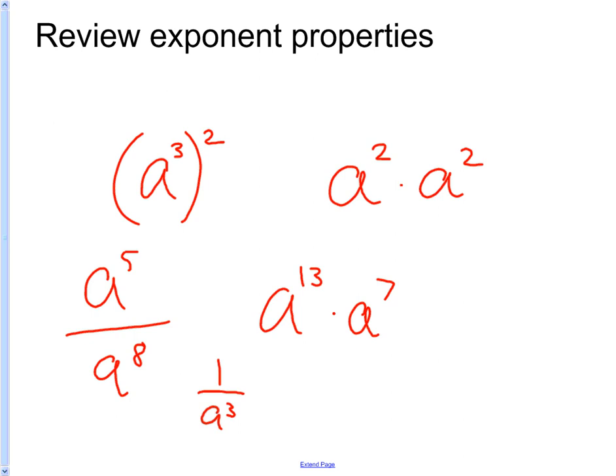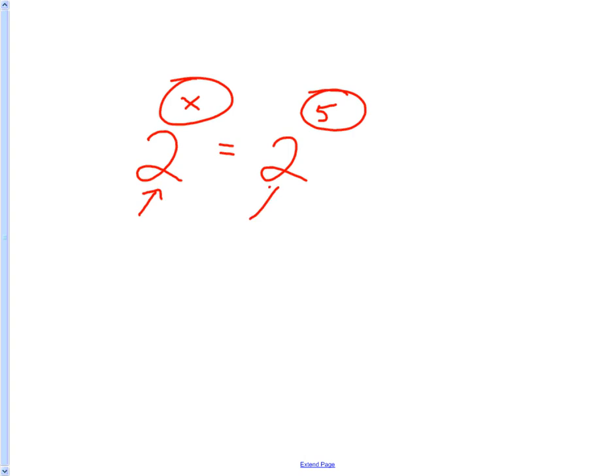Let's go to a little bit more advanced property ones. If I had 2 to the x and 2 to the 5th, this would be really easy. What would you know x was? X must be 5, because this has to be the same as this if the bases are the same.